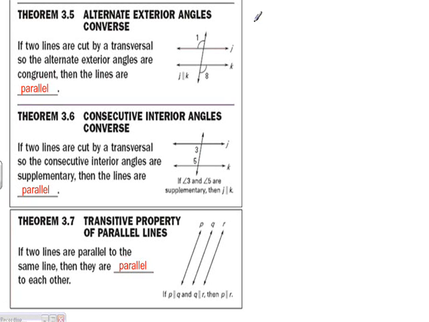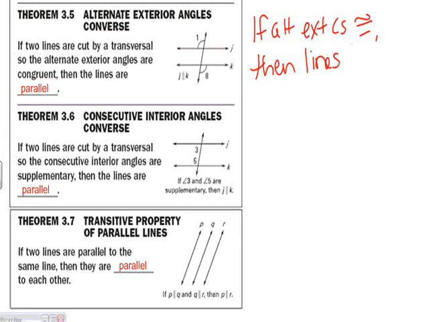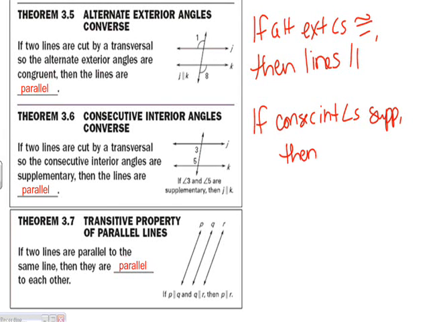As you might expect, this one says if alt ext angles are congruent, then my lines are parallel. And this one says if consec int angles are supplementary, so supp, then my lines are parallel.